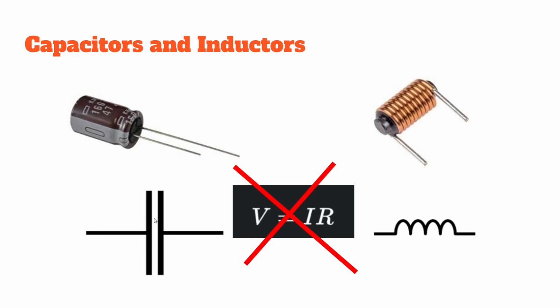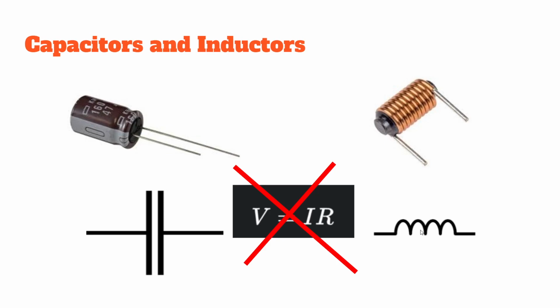These pictures right here are what they would look like in a circuit. This is two parallel plates. You might have heard the term parallel plate capacitor. That's where this comes from, because inside here is two plates with an insulator in between, and then it does magic stuff.